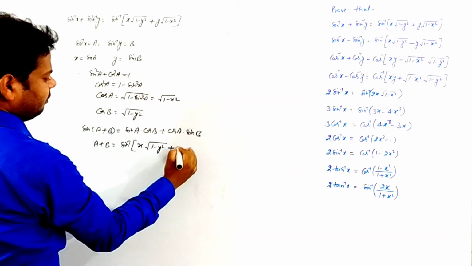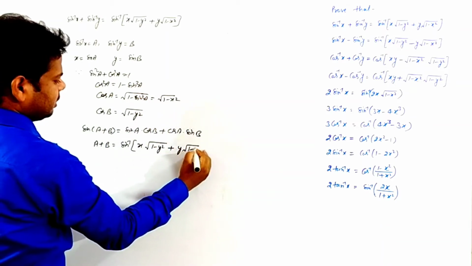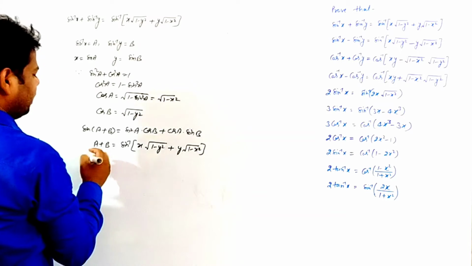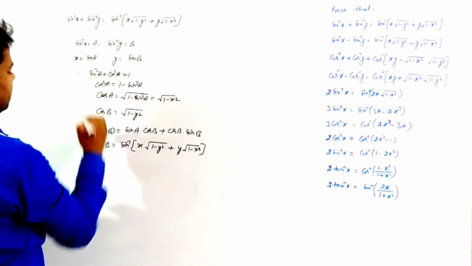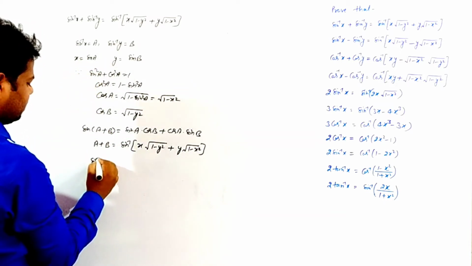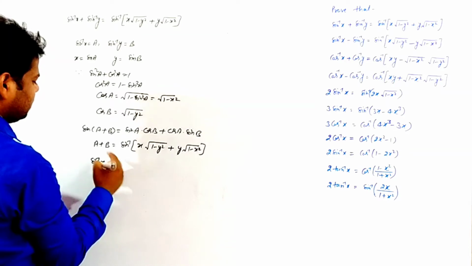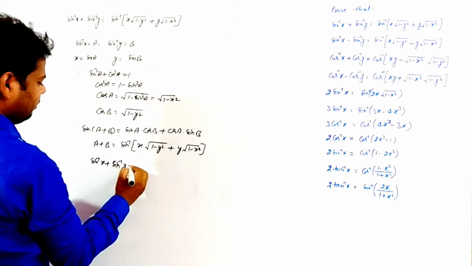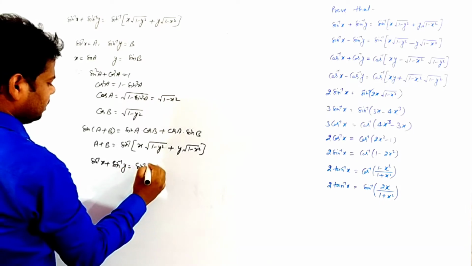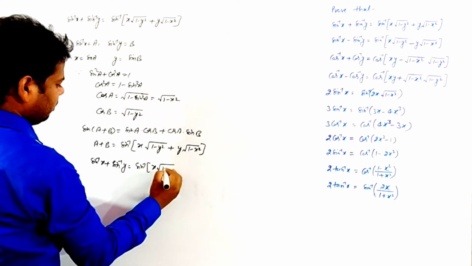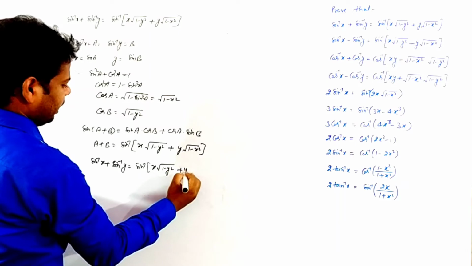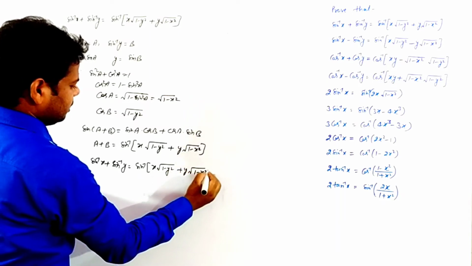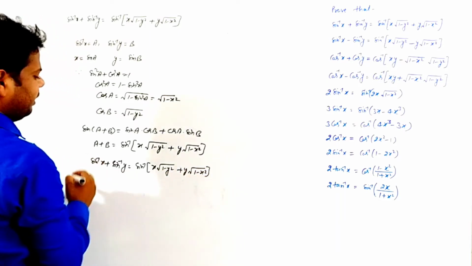Here a is equal to sin inverse x and b is equal to sin inverse y. So sin inverse x plus sin inverse y is equal to sin inverse in bracket x under root 1 minus y square plus y under root 1 minus x square. So this formula is verified.